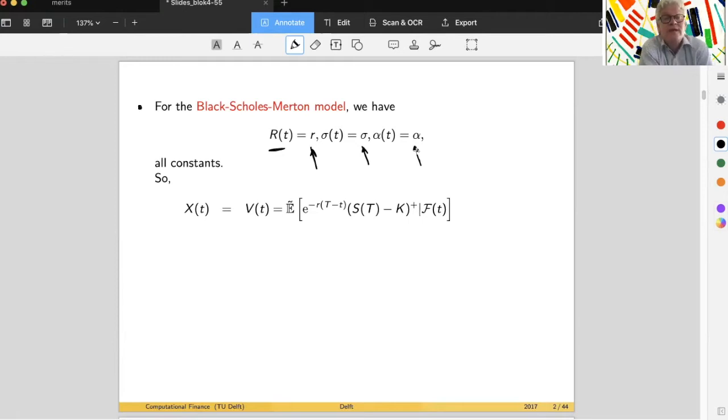So if we then look at our portfolio process equal to our option value at time t, it is then the expectation under the P tilde measure of what we get in the end.